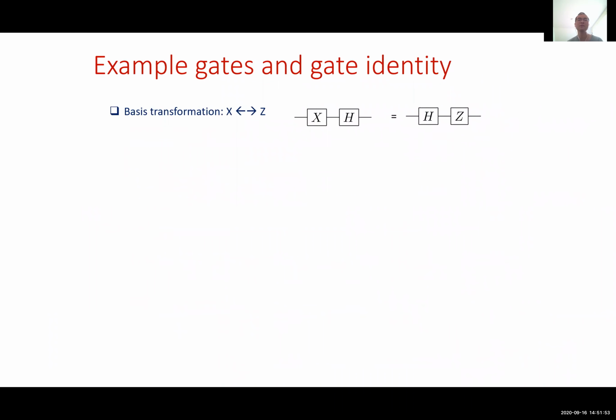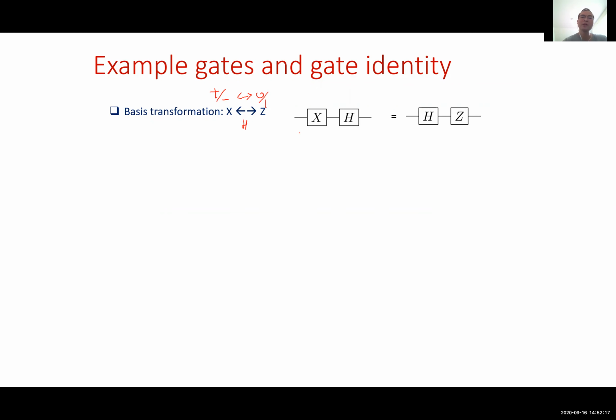Okay, so next I want to talk in more detail about gates, and there are some identities between them. For example, we talk about the basis transformation between 0 and 1 to plus and minus. This is given by the Hadamard transformation.